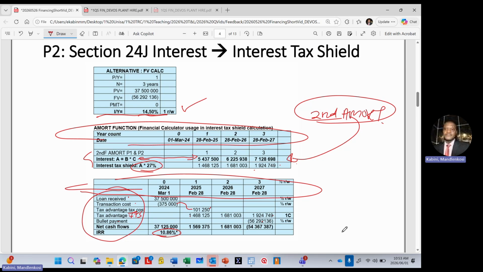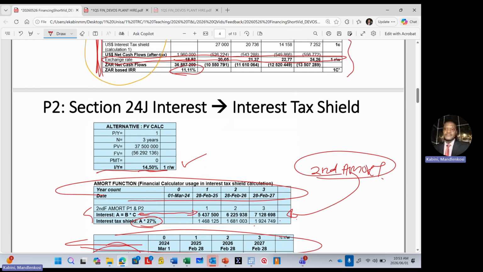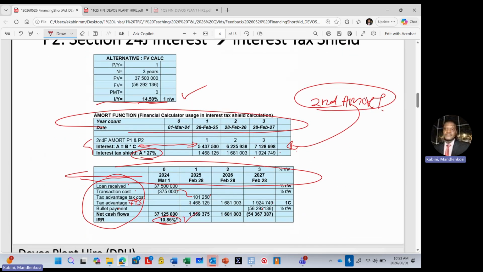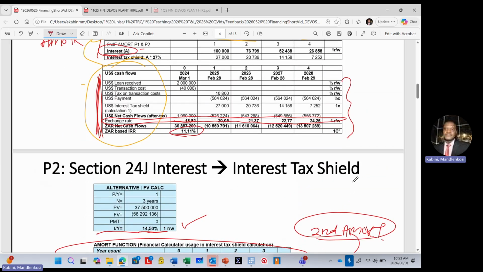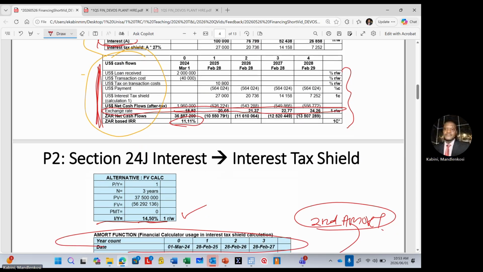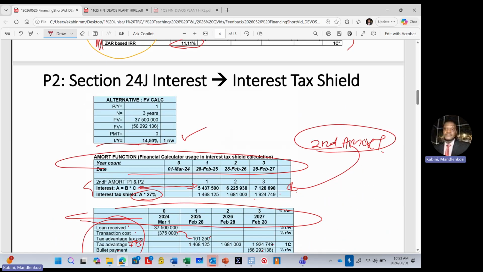So based on this, it looks like the cheaper loan is the one from the South African bank, which is 10.86%. That's how you do the quantitative analysis, the calculations that you do.